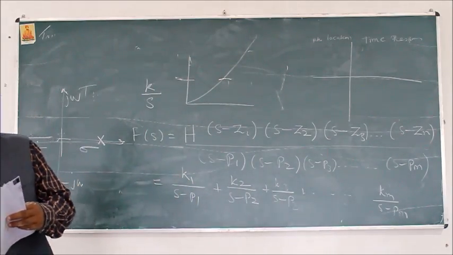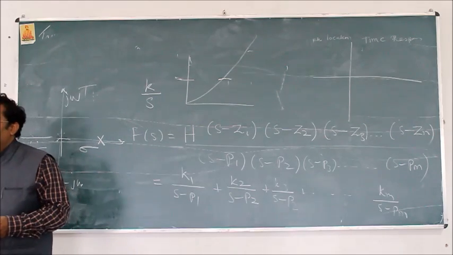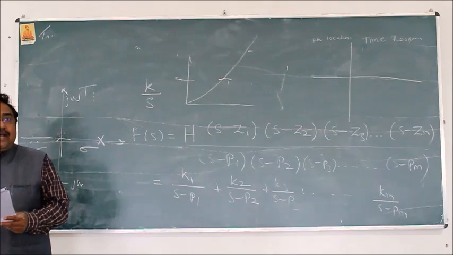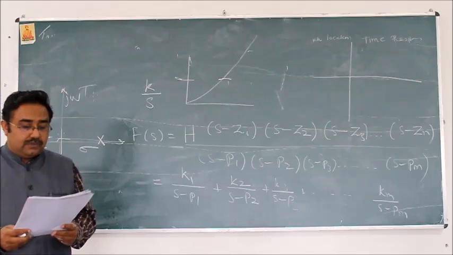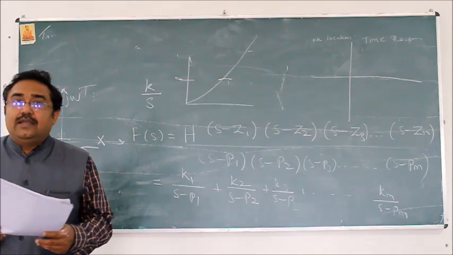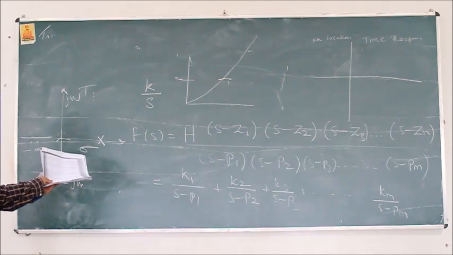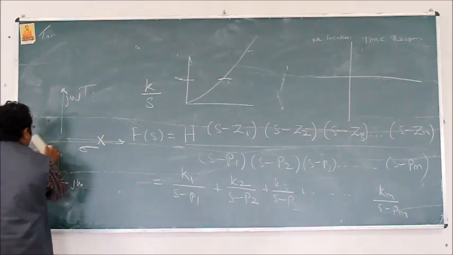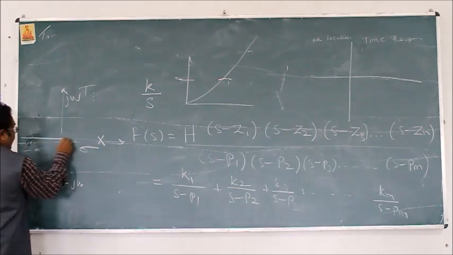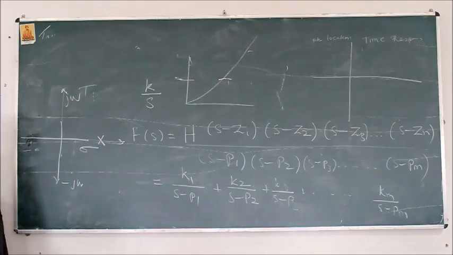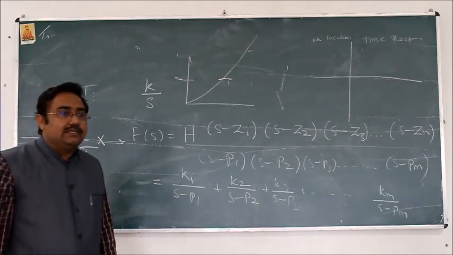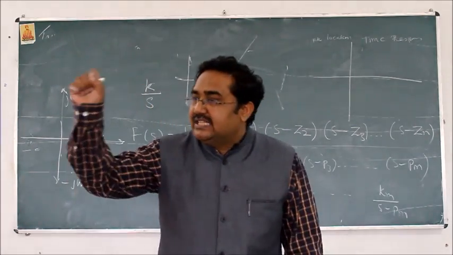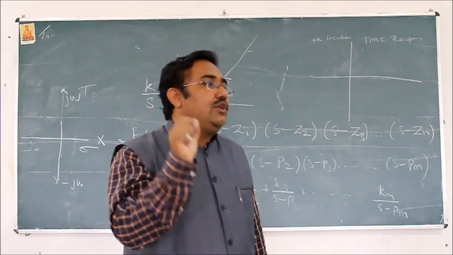Next, suppose my poles are lying on the imaginary axis. We have considered the real axis, now consider the imaginary axis. One thing I have told you: if poles are lying on the imaginary axis, then they should always exist in conjugate form.